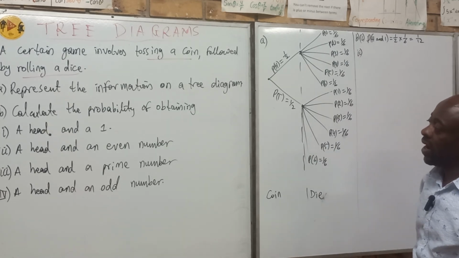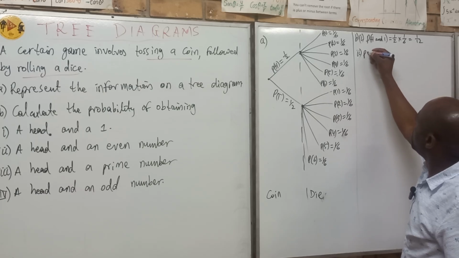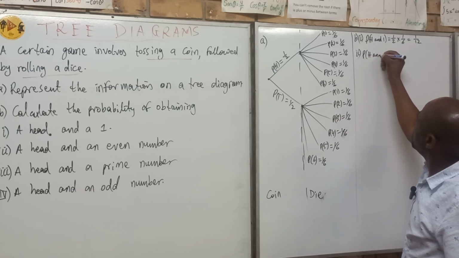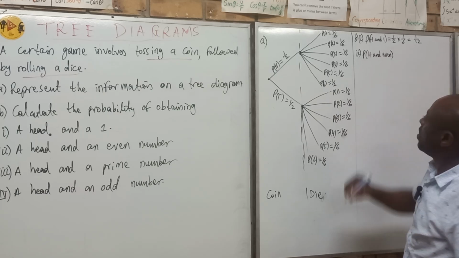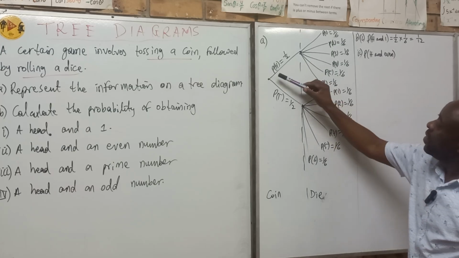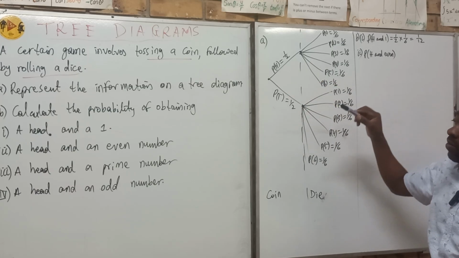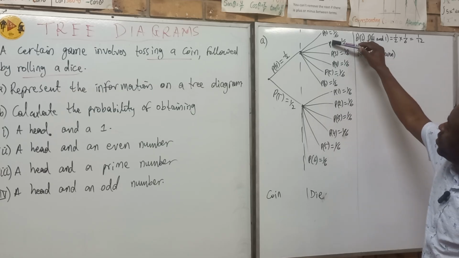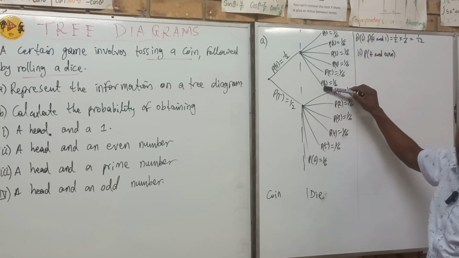Roman 2, we need a head and an even number. A head and even number. So this is where it becomes a bit interesting because there are 3 even numbers between 1 to 6. There is a 2, a 4, and a 6.